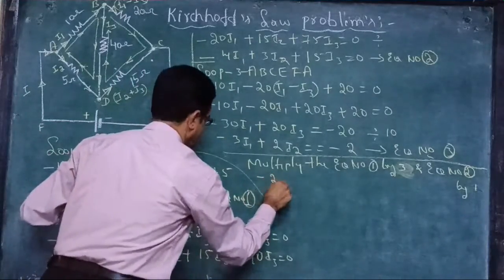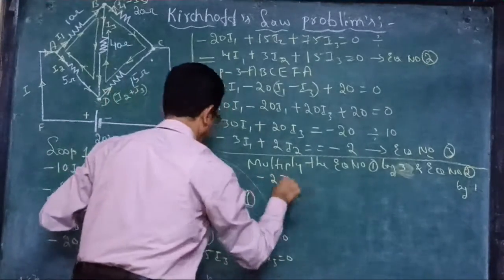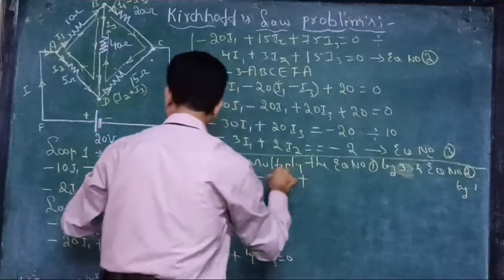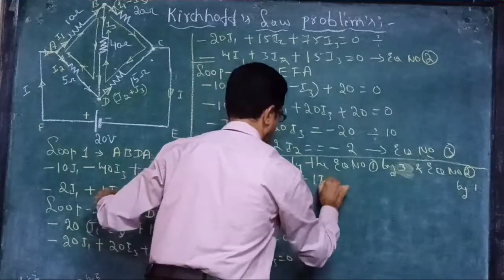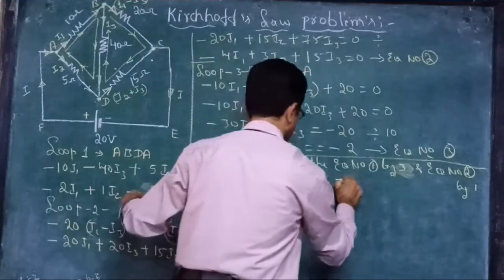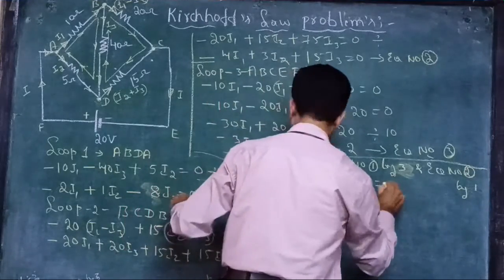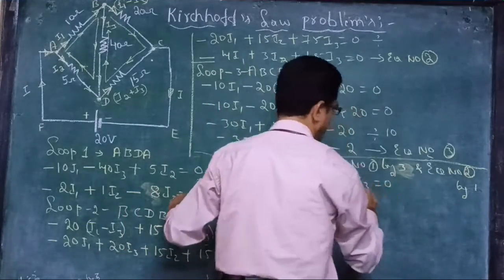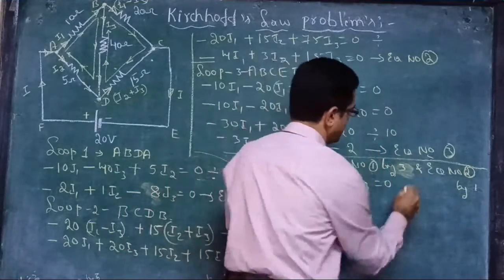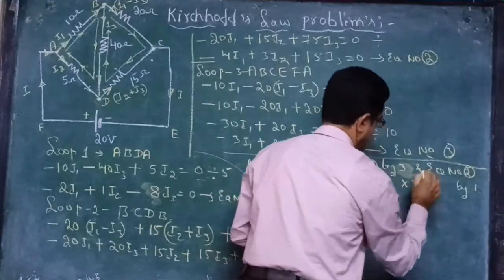So that's why I have to take here minus 2 I1 plus 1 I2 minus 8 I3 is equal to 0. Okay, equation number 1, that's why into 3.